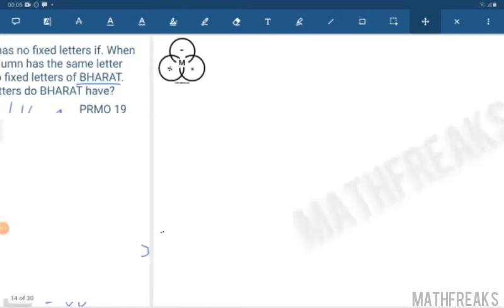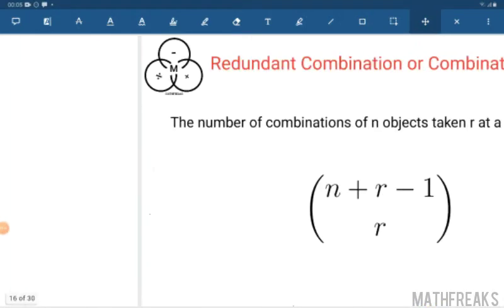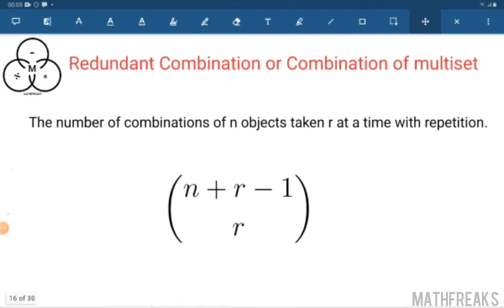Let's move forward. Now we'll be coming to combination with repetition, or combination of a multiset.